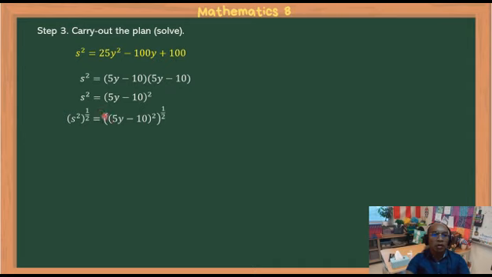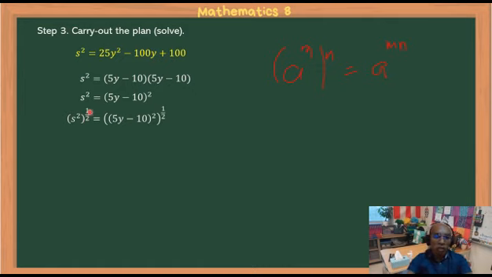Again, let us recall the laws of exponents, which is the power of a power rule. Say for example, a to the power of m being raised to n is just equal to a to the m times n. So basically, simplifying an expression, this is the power of a power rule.